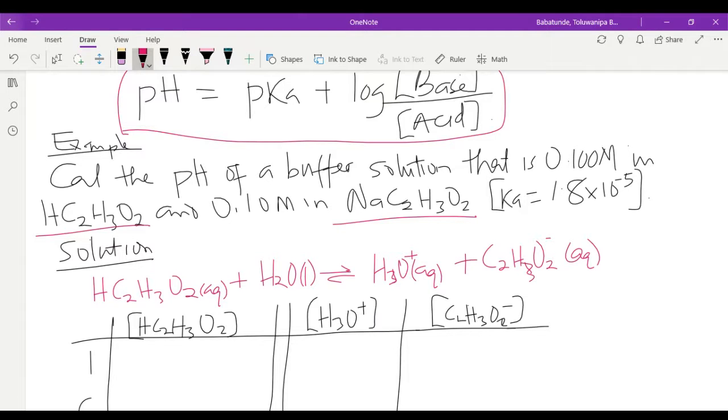Like we said, we need to write the equation, as we've seen in this reaction.